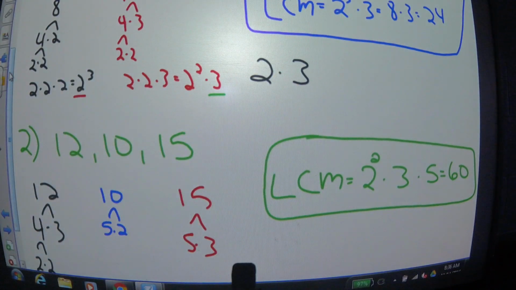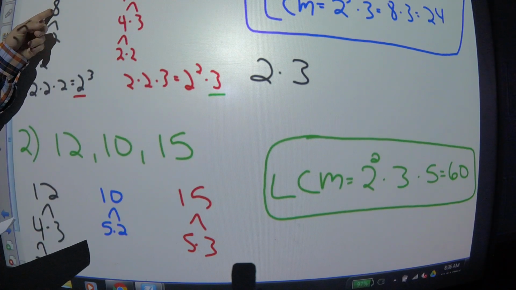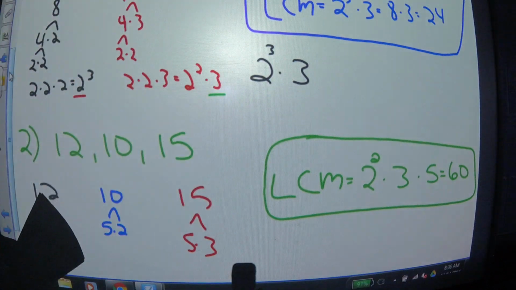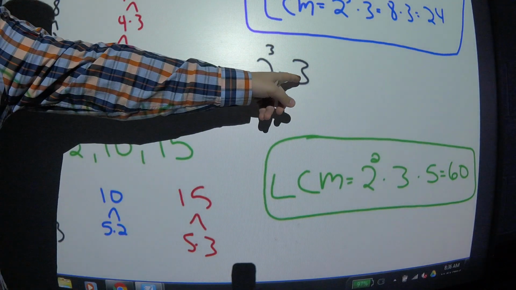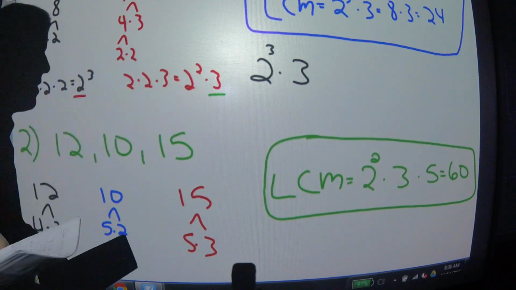And then what you do is you write the greatest number of each prime that one number has. So which number has the most 2's? Well, 8 does. How many? 3. So what about 3's? Well, 8 doesn't have any 3's, 12 has a 3, and it only has 1.